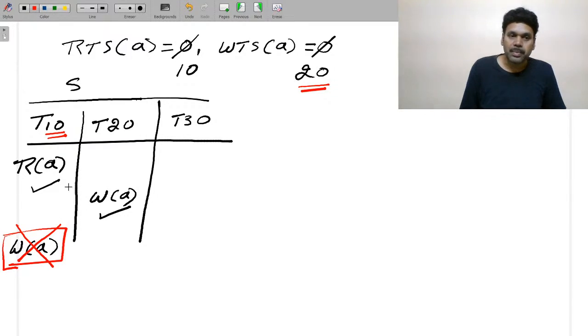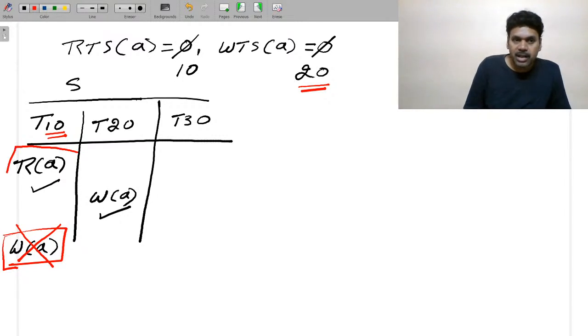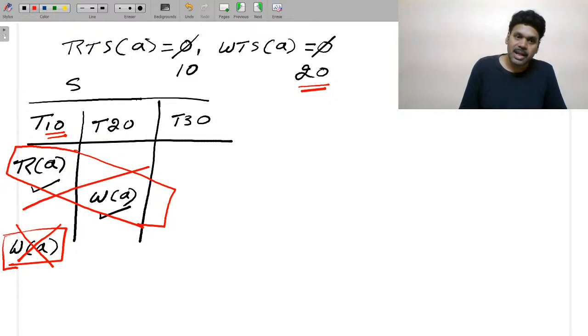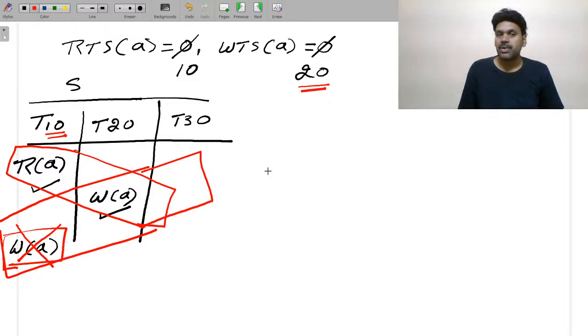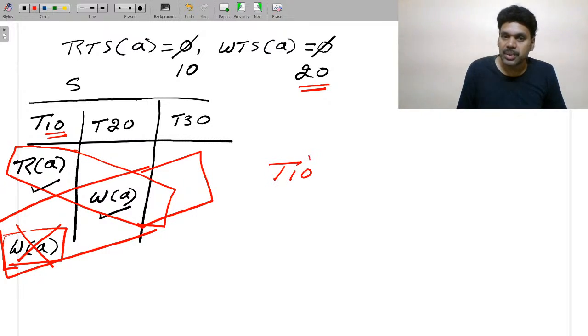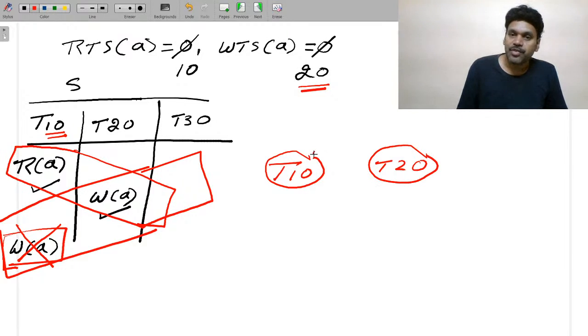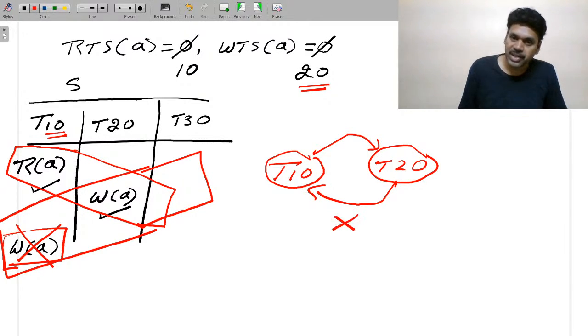So when this is not possible, you see that you have forward conflicts like this, but this reverse conflict is not there. Therefore, it never goes into a loop back concept. So it goes in the forward direction only. It never has a chance to go back.